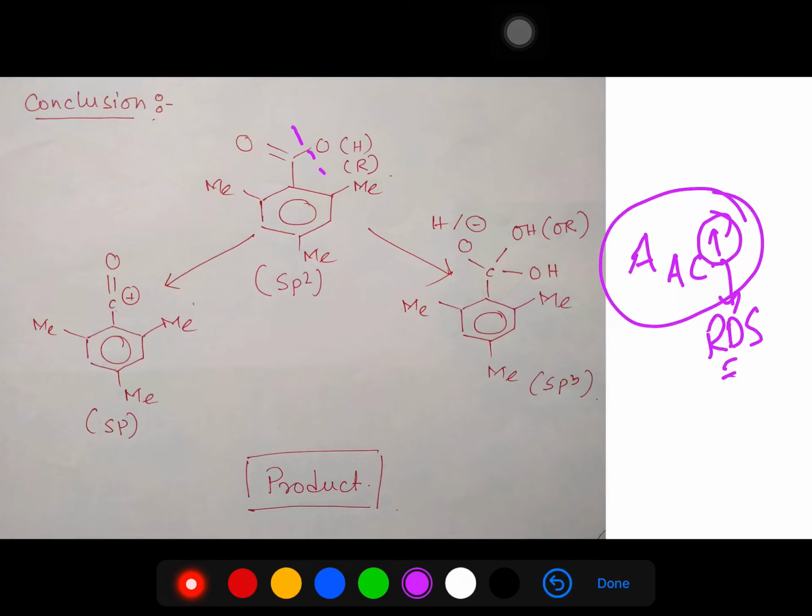And second, why is this unique property introduced in this case? Because of these 2 ortho methyl groups, whose bulkiness forces this carbonyl group to be out of plane, such that it cannot enjoy the resonance stabilization through the pi cloud delocalization.